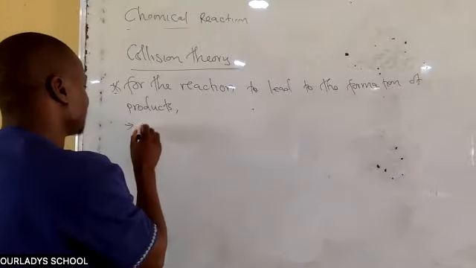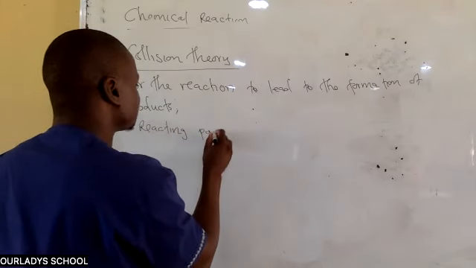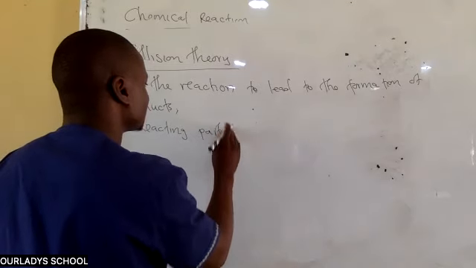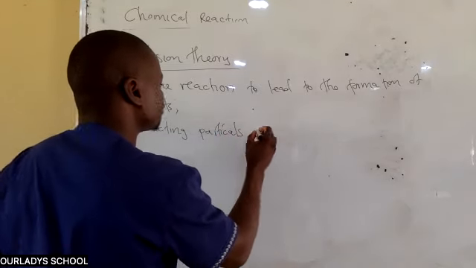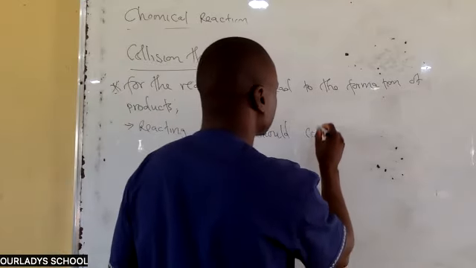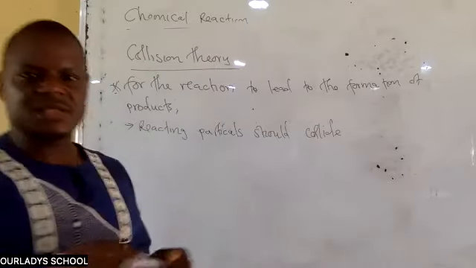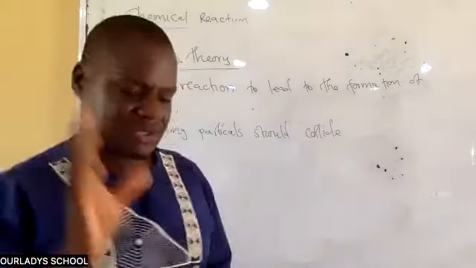Number 1, they're saying that reacting particles should collide. For there to be a successful chemical reaction, the reacting particles should collide.